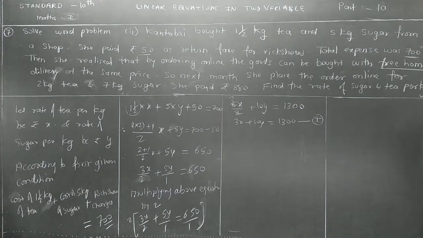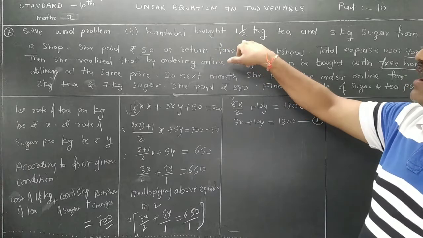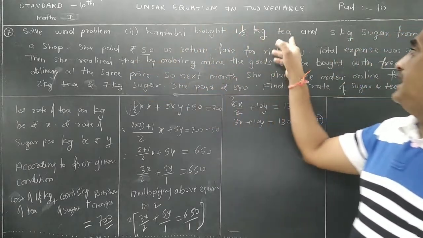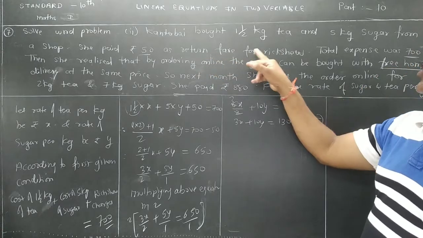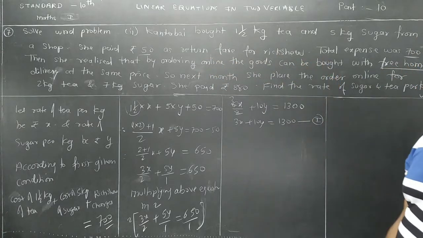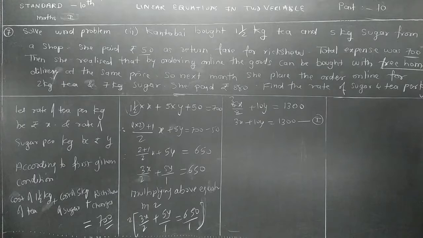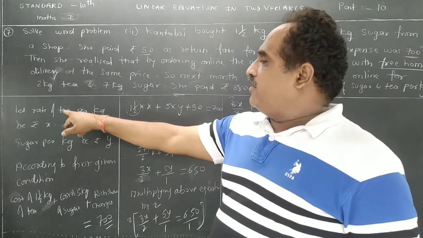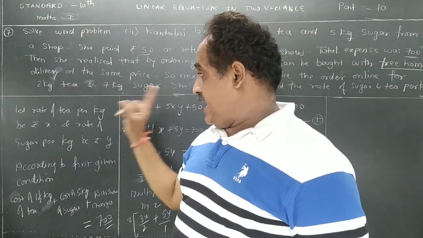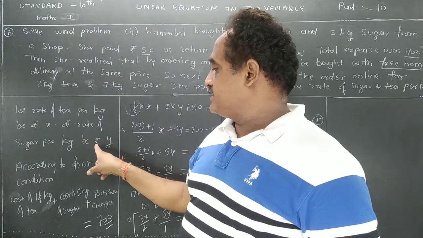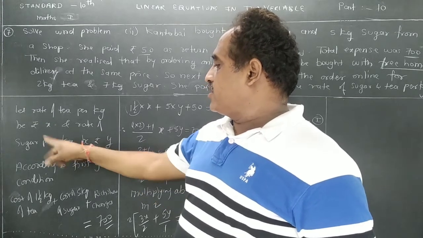Okay, we'll try to understand the things once again. Kantabai bought 1.5 kg of tea and 5 kg of sugar from a shop, and she paid 50 rupees return charges for the rickshaw, and the total charges were 700 rupees. So the rate of tea per kg is x rupees and the rate of sugar per kg is y rupees.